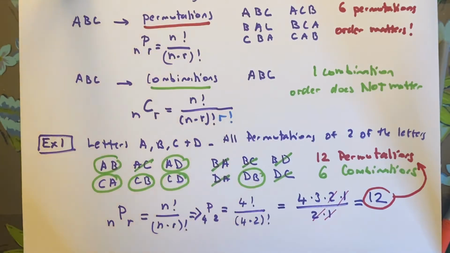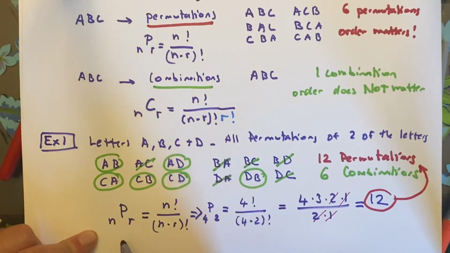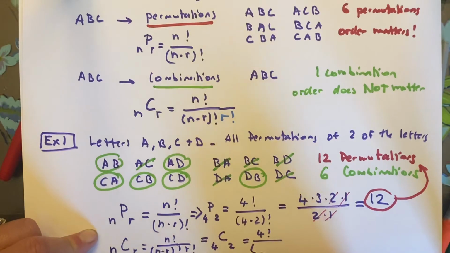Let's look at my combinations and see if the combinations equation is going to work. I have a combination of n, r, which is n factorial over n minus r factorial times that additional r factorial. It looks like a combination of 4 objects taken 2 at a time, and I have 4 factorial divided by, same as above, 4 minus 2 factorial, but I also have to add that r factorial, the 2 factorial.